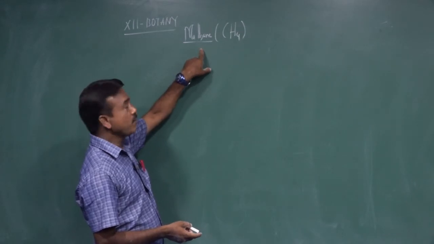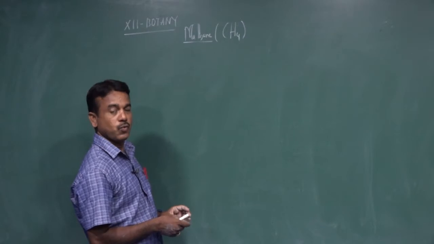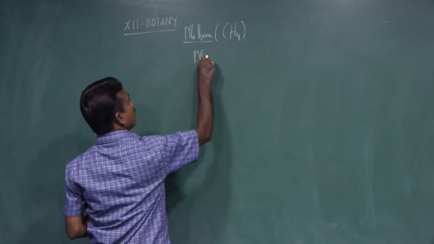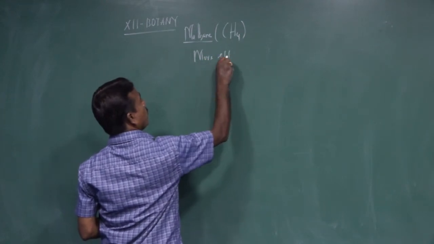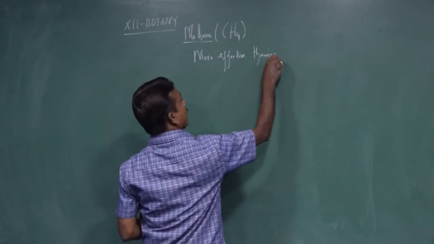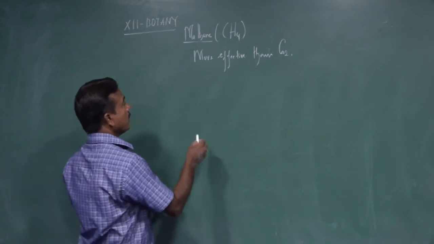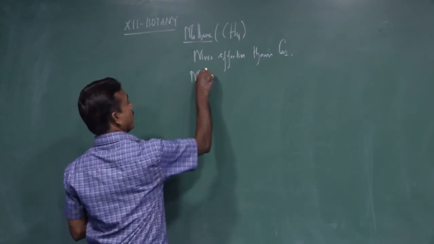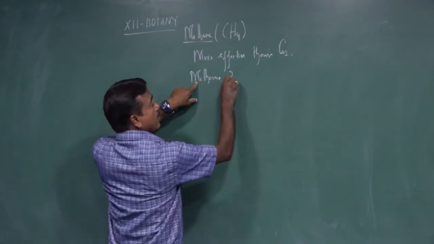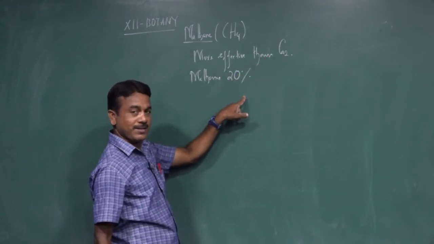The next greenhouse gas is methane. The chemical formula is CH4. Methane is more effective than carbon dioxide, because methane traps 20% more solar energy than carbon dioxide.